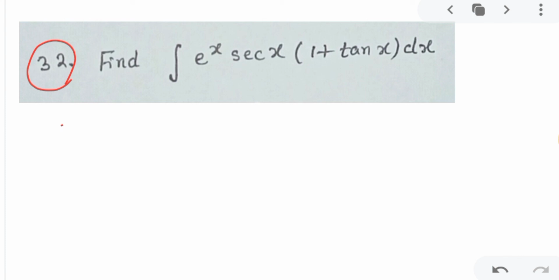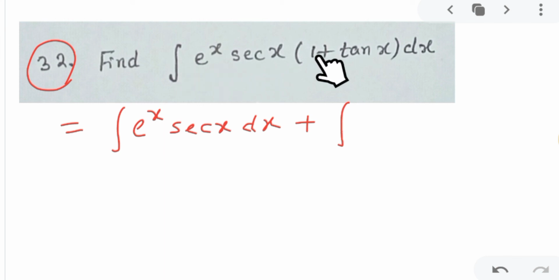First I am separating. I'm opening the bracket. So e to the power x sec x into 1 will be e to the power x sec x dx, plus integration of e to the power x sec x tan x dx.